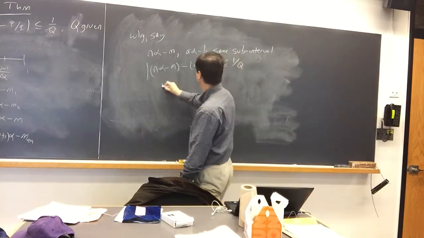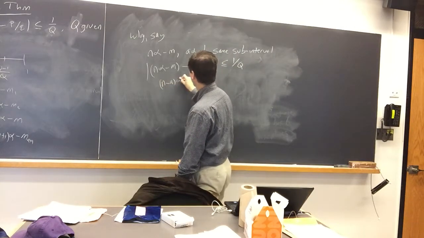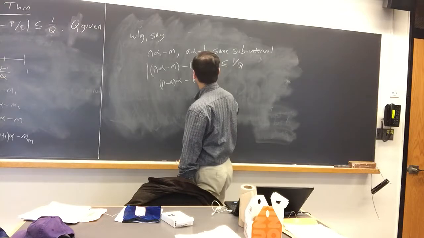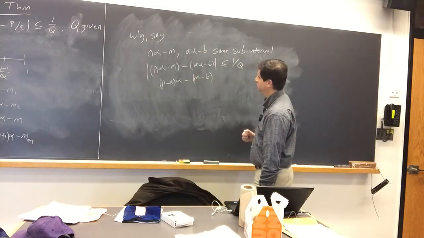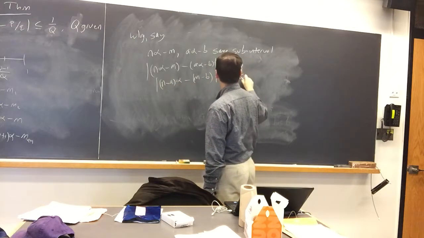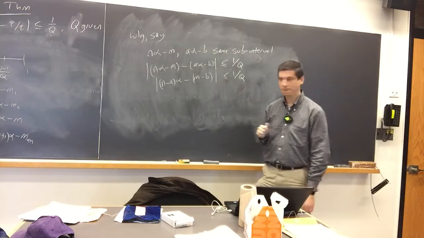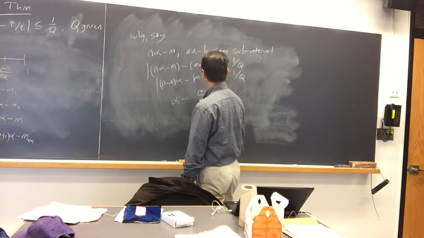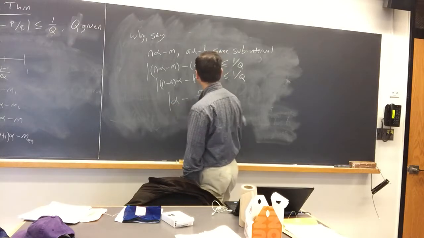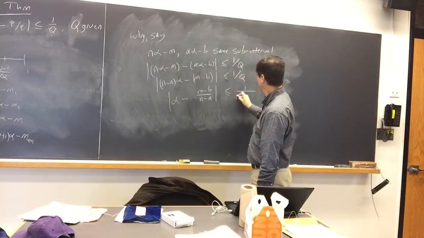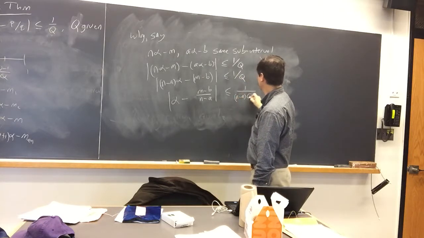So I could write this as n minus a times alpha minus m minus b is less than or equal to 1 over q. So I get alpha minus m minus b over n minus a is less than or equal to 1 over n minus a times q.